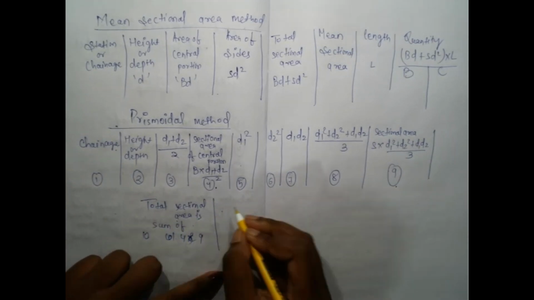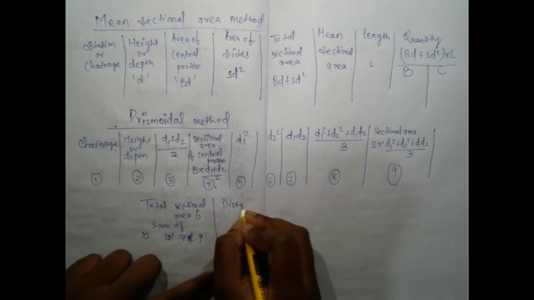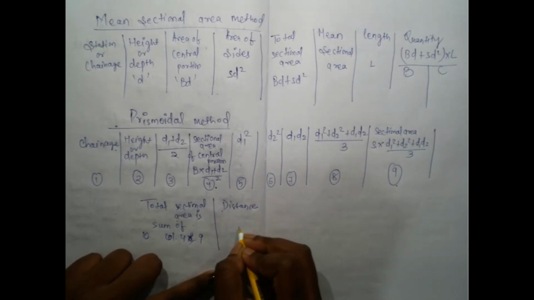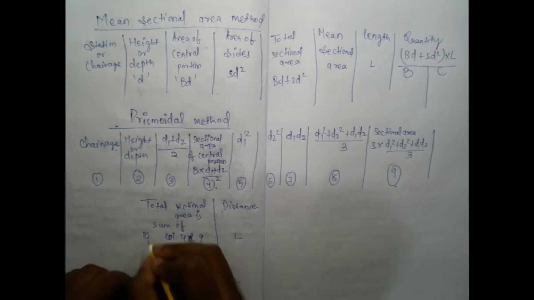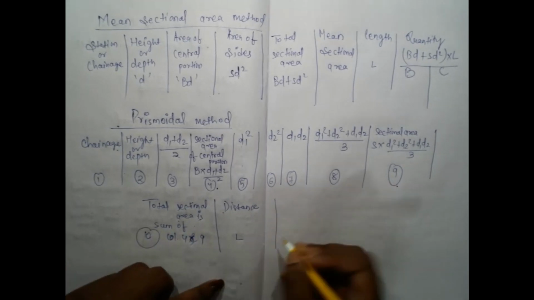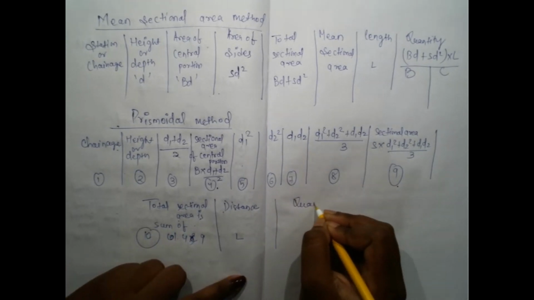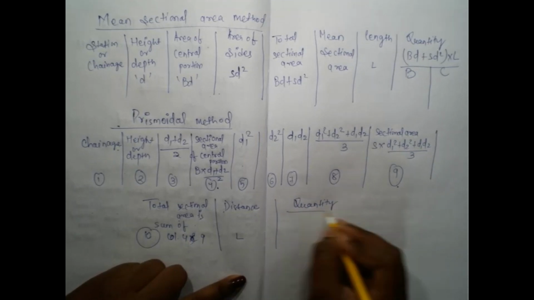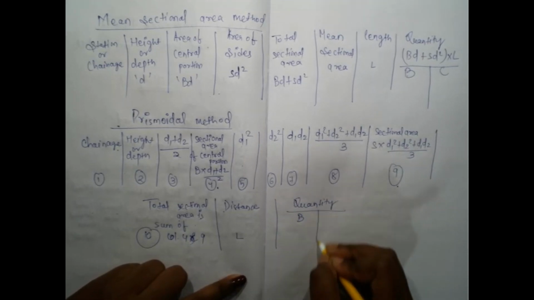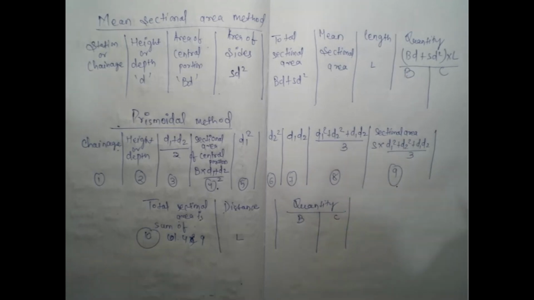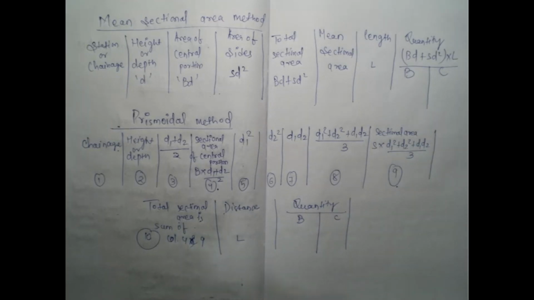Then further we have the distance between the stations, obviously known as L, and after that we will have the final quantity. So quantity is done either in banking or in cutting. So these are the tabular formulas that we will be using when we are doing problems on estimation.